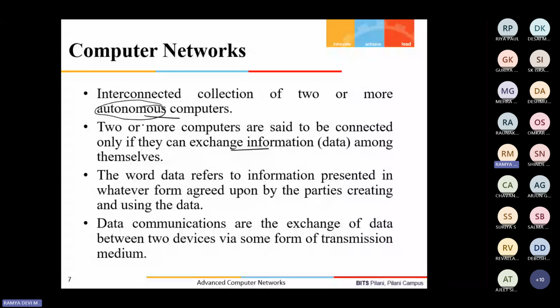When it is a network, they can work together efficiently, but autonomous in the sense that each and every system will be working independently. Computers will be connected and exchanging information with one another with the help of a physical connection. There are different sorts of connections we'll be seeing, guided media or unguided media.